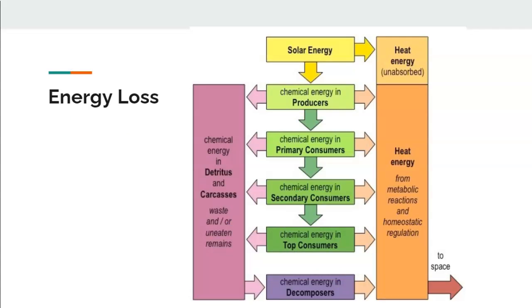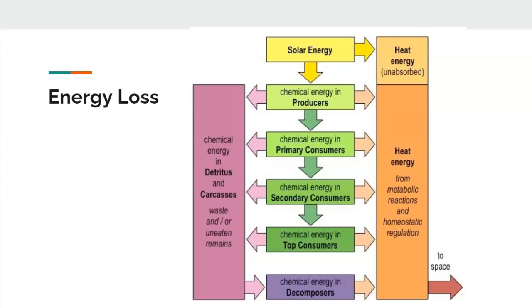This is a good representation of how energy leaves as you go through. Starting at the top with solar energy, that solar energy will get absorbed by producers, and then the producers will get eaten by primary, then secondary, then top consumers, whatever that food chain may be.